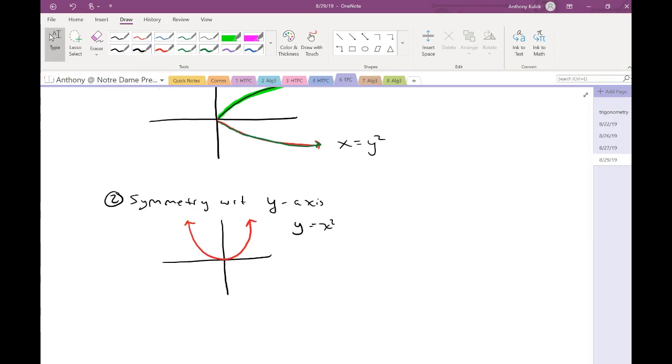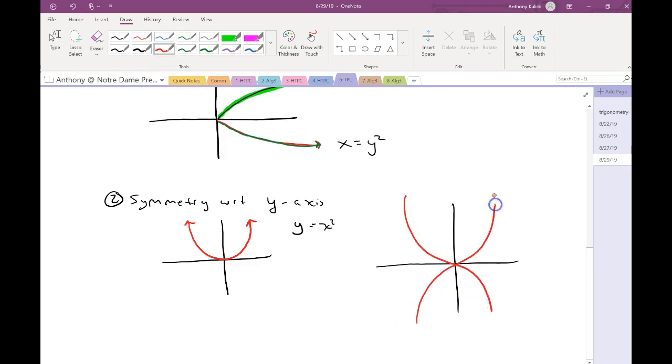How about if they're symmetric about the y-axis? Will they all be functions? Not necessarily. Consider, just for an example, what if our graph looked like this?